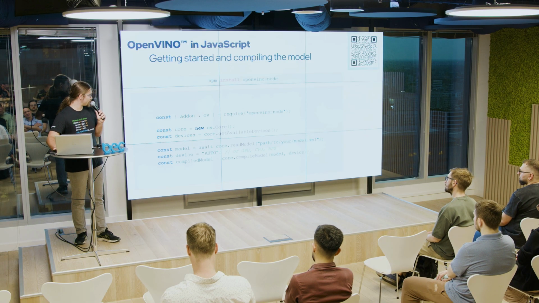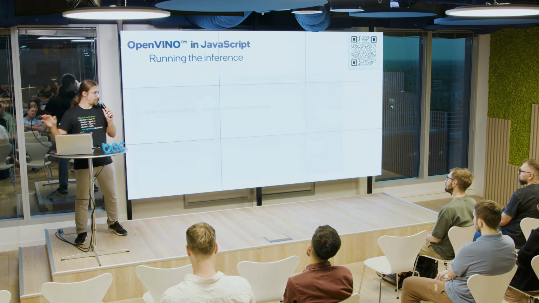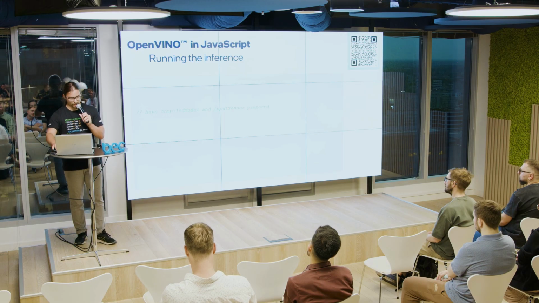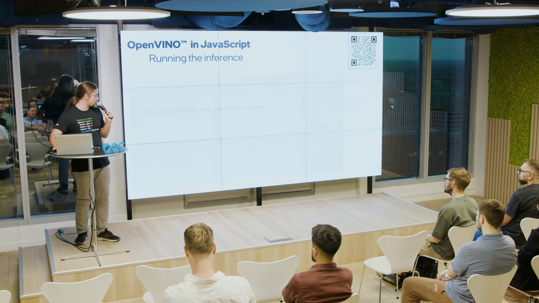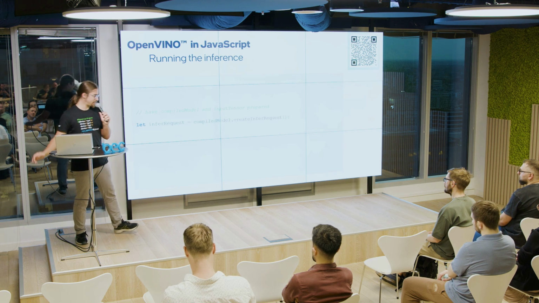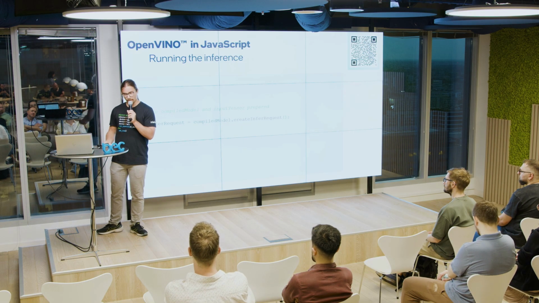Later you compile a model to the device, and when you have a compiled model and some input prepared, as I mentioned, it can be some image or in case of LLM some tokens. Then we define infer request. This is not currently in Python.